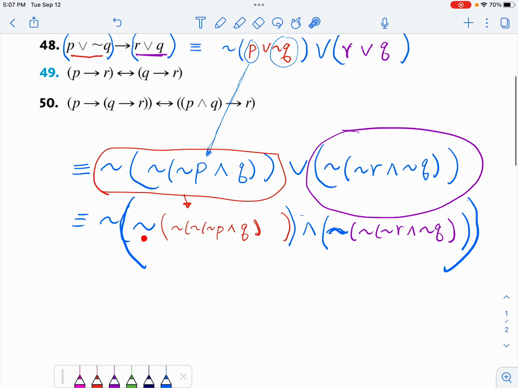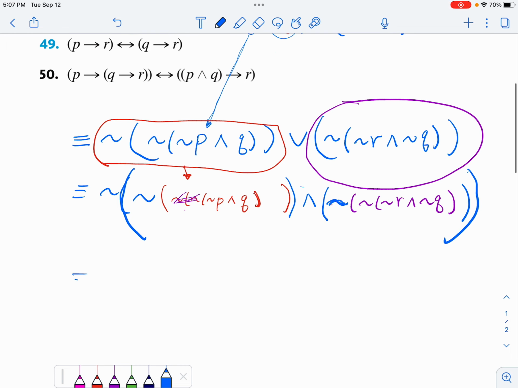But inside here, this not and this not, these two nots can cancel one another.